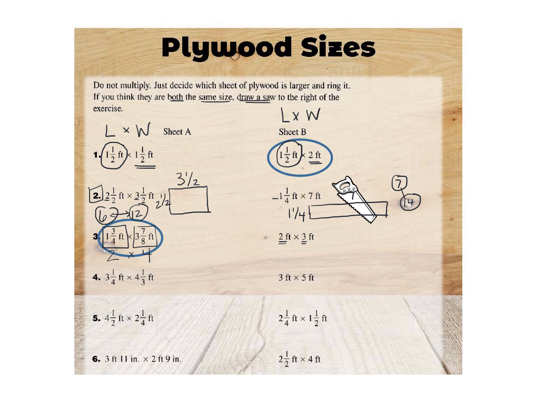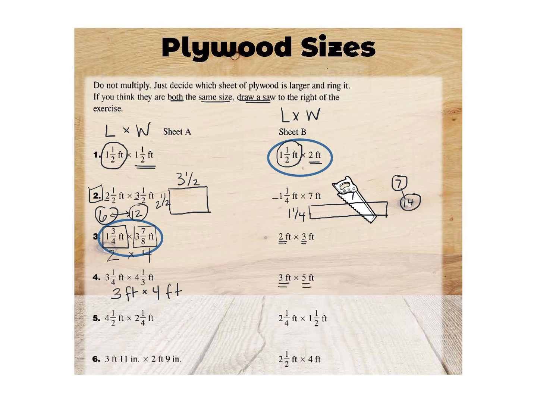All right, question number 4. We have 3 1/4 feet times 4 1/3 feet. These really do round down to 3 feet for your length times 4 feet. And in this case, we have 3 feet times 5 feet.